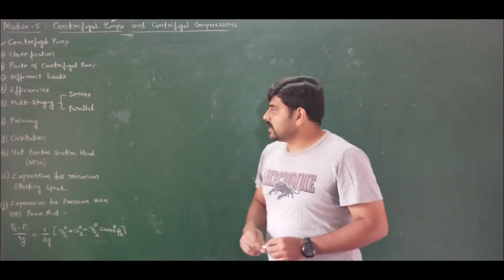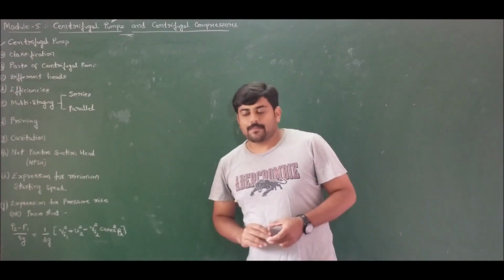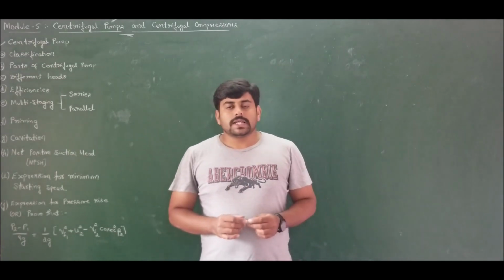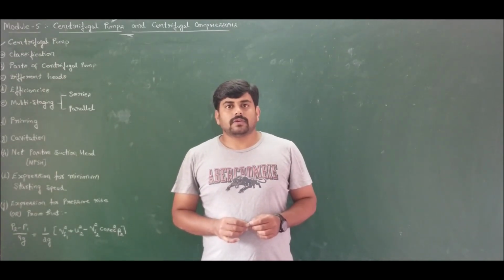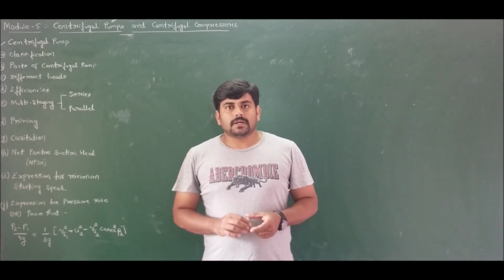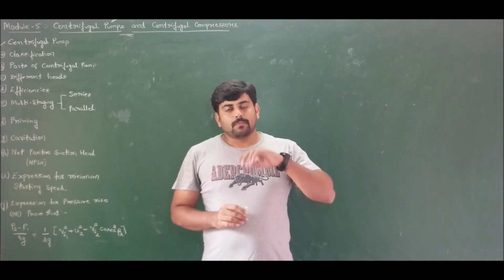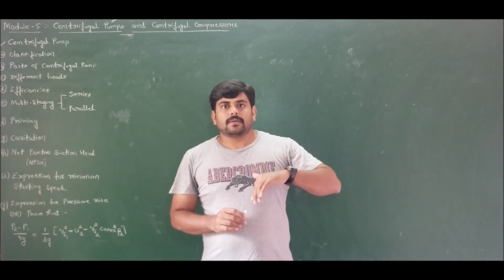Next, moving forward, the next topic is priming. Priming in centrifugal pumps is done whenever we have air gaps inside the pump. Whenever we have an air gap or air blockage inside the pump, the pump won't work. To get rid of this, we should pour water from the delivery pipe.